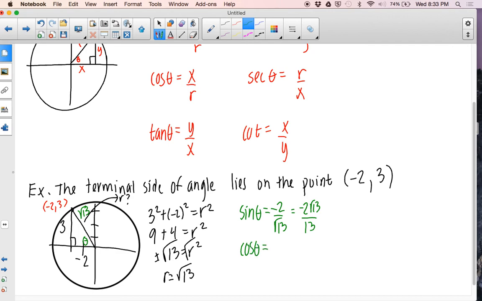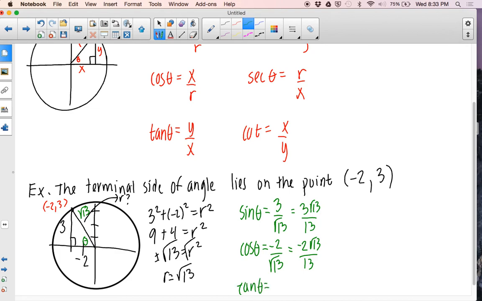Cosine is adjacent over hypotenuse, or the x value over the radius, which is -2 root 13 over 13.